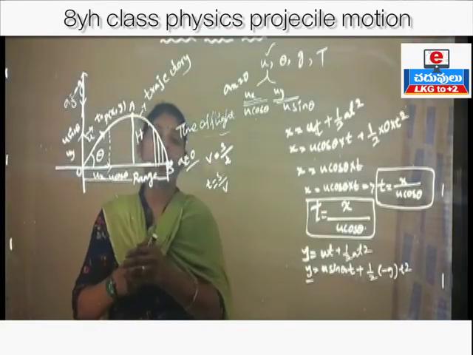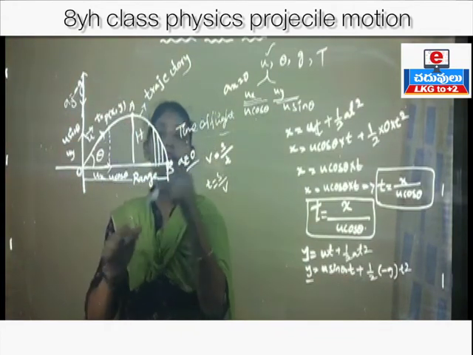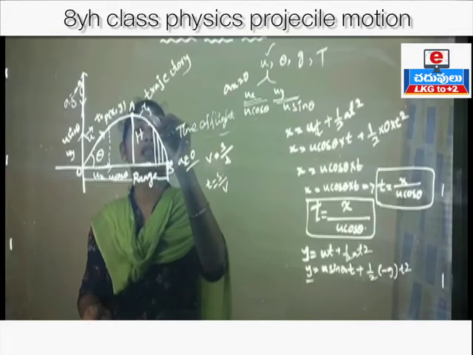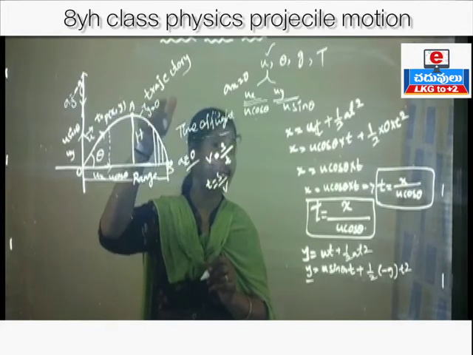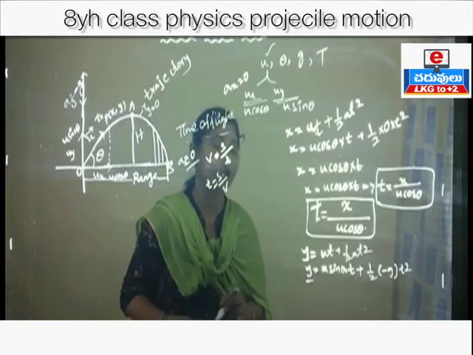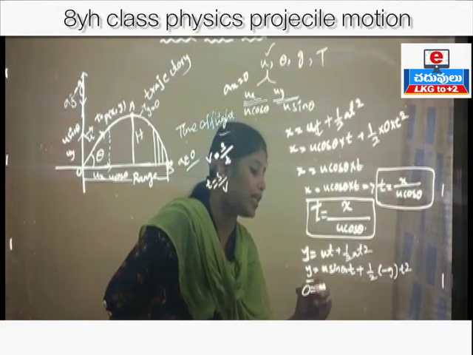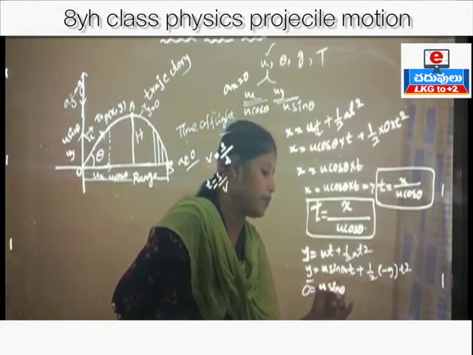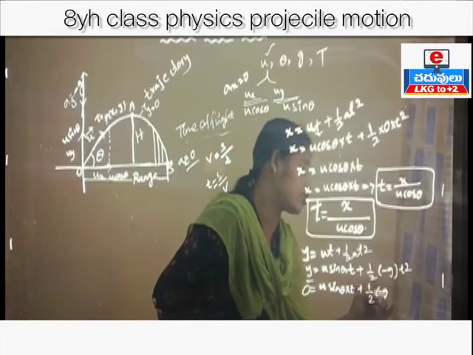After some time, when the projectile reaches the maximum height, the vertical velocity becomes 0. So we can write 0 equals u sin theta into t plus half minus gt square.